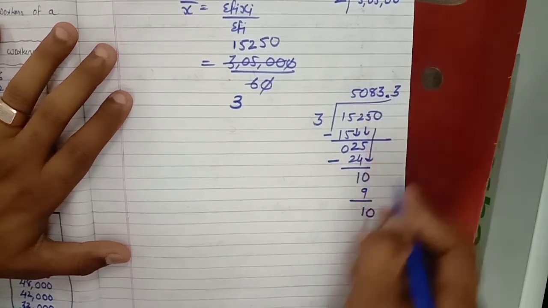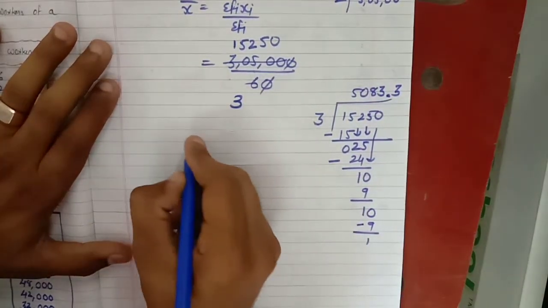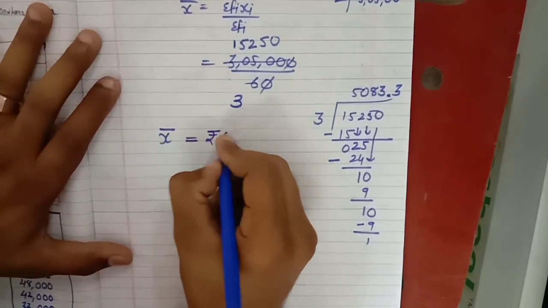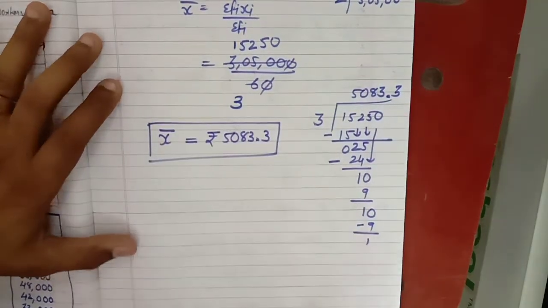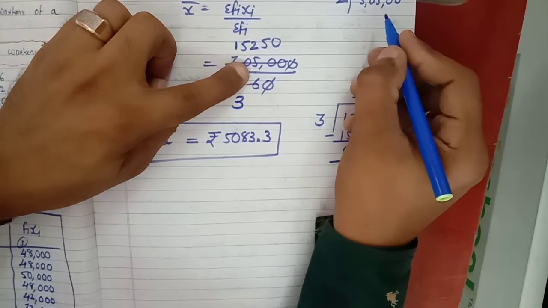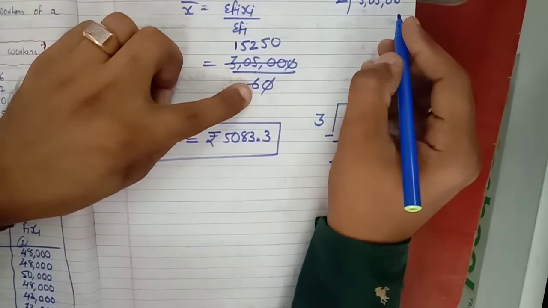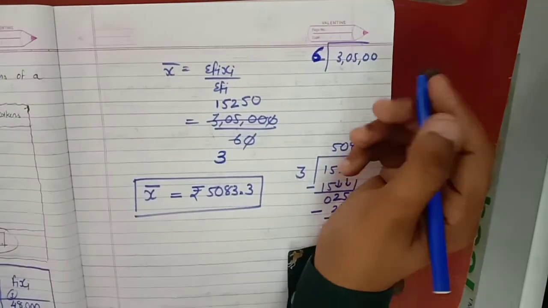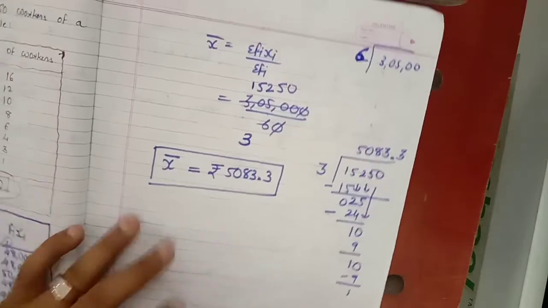So I get x bar equals rupees 5,083.3. You can directly divide this also: 30,500 divided by 6. You get this answer. Okay, this chapter is completed.